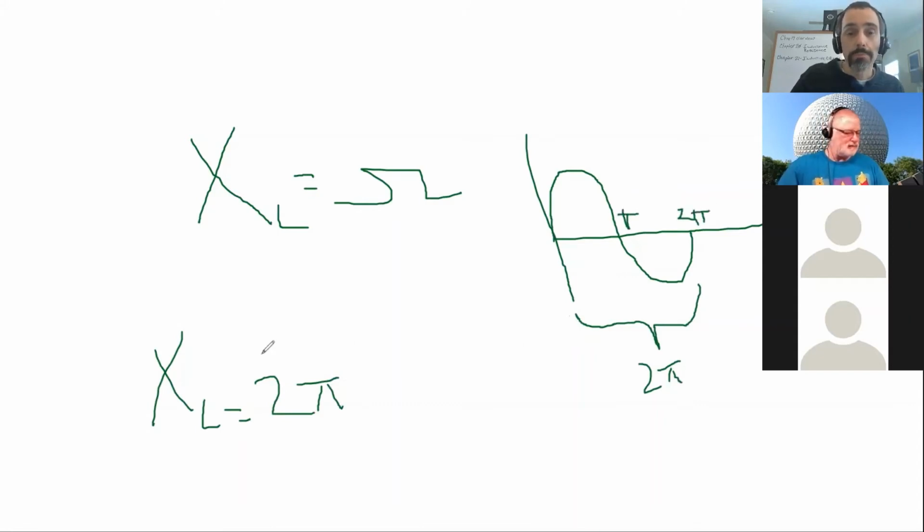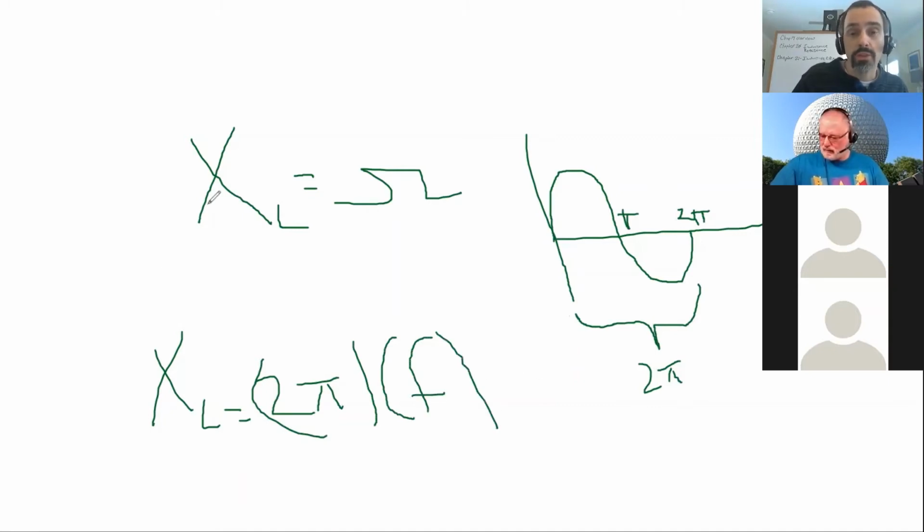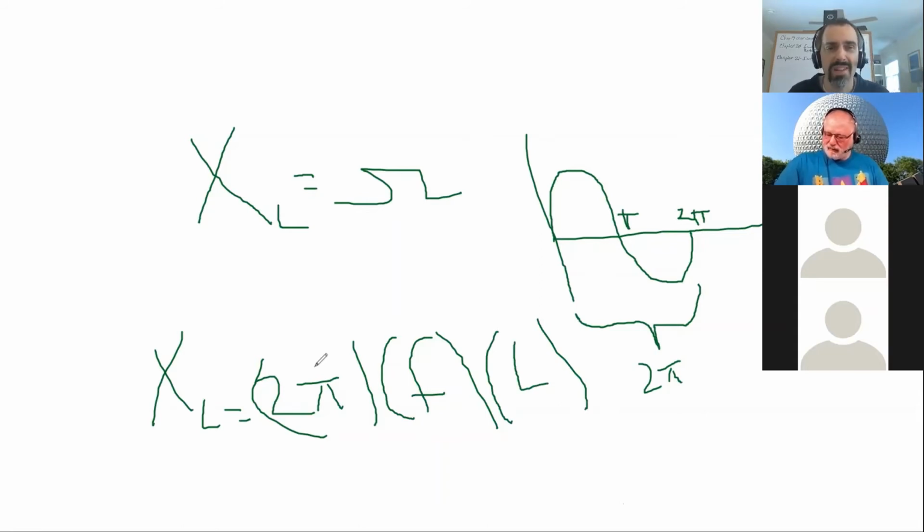So that's 2 pi times our frequency, because we're an AC signal, we have a frequency. And we also have an inductor: 2 pi f L. That's where the 2 pi comes in. Just like a capacitor, this inductor is going to act like some sort of resistor. It's going to have some sort of resistance. We call that inductive reactance, measured in ohms.